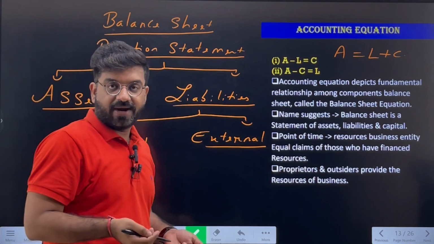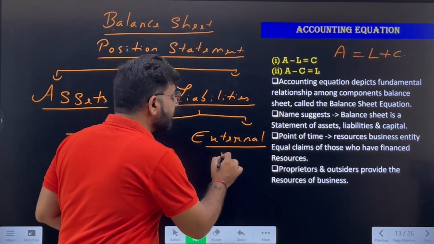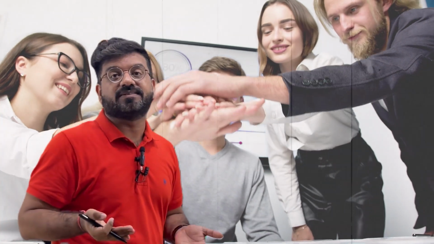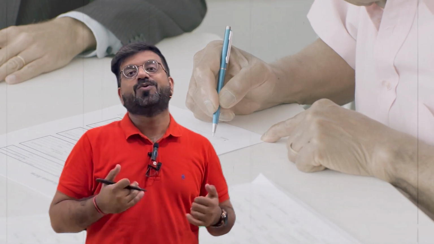Apart from that, the amount owed by the business to the external persons, to the outsiders, is known as the external liability. For example, if you are in need of a loan, you will go to the bank, you will take a loan from the bank. So it is a liability which has to be paid back to the bank.